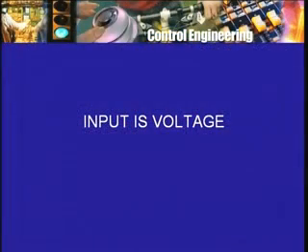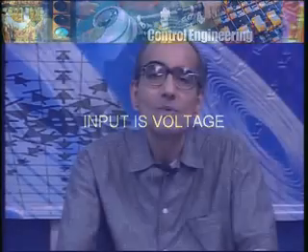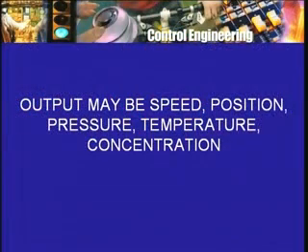At the input end, we are really working with voltages only, and this is what is likely to happen in most control applications. The output variable will be speed, or angular position, so it will be degrees or radians or whatever way you want to specify angle, or it could be pressure, temperature, velocity of some particle, or the rate of flow of some fluid, or the concentration of some chemical in a mixture, or what have you.